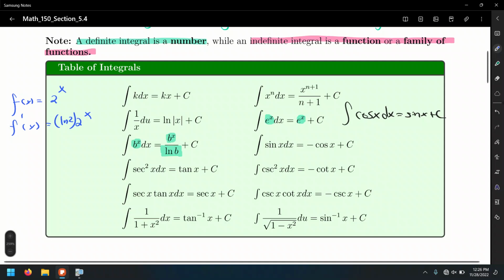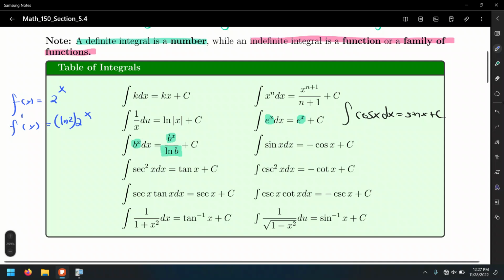We multiplied by the natural log of the number that matches the base of the exponential function. But now, because we're doing the reverse process, integrating, the reverse of multiplying should be dividing. So that's why we have that in the denominator of the exponential function.